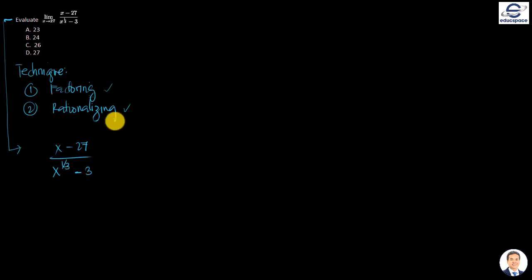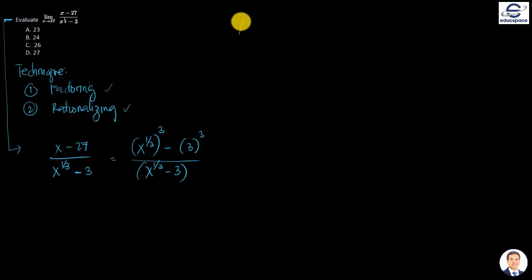A different approach means I can write this as x to the 1/3 raised to 3. So this will cancel out, meaning x still has an exponent equivalent to 1, and then here 3 cubed. So 3 multiplied by 3 multiplied by 3 is 27, and I have here x to the 1/3 minus 3. So I will not do any factoring and rationalizing.